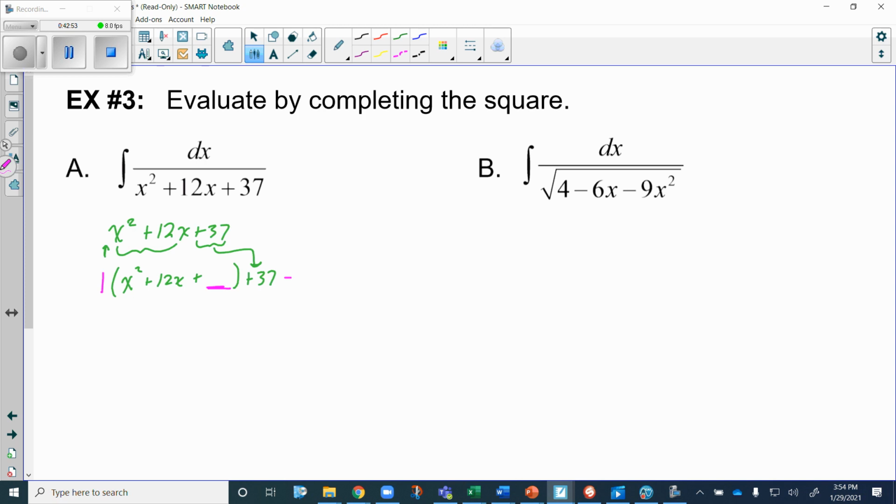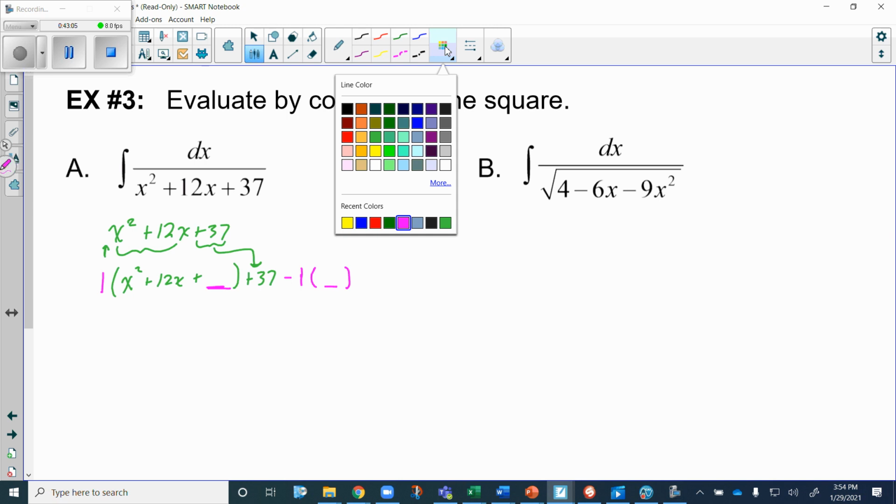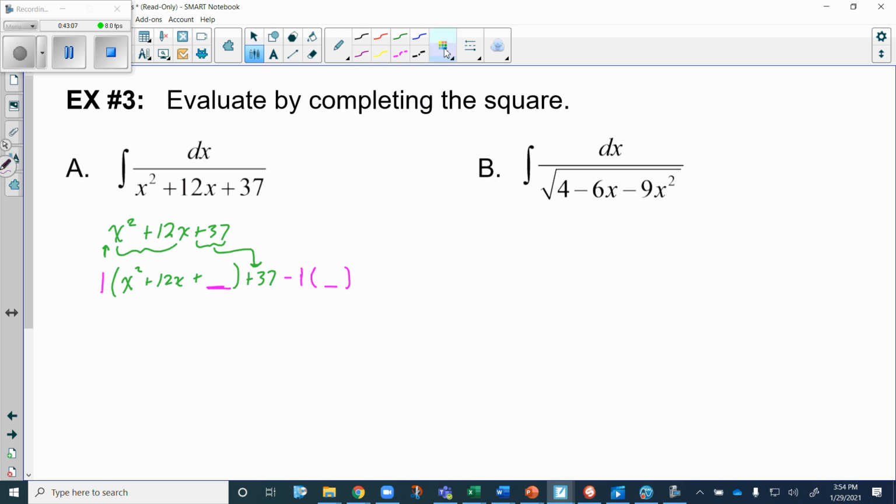I'm going to subtract the product of whatever value I factored out and whatever that new number is that I'm going to put in that blank. Well, what is that number that goes in the blank? In this case, we take the b value, the 12, divide it by 2, and square it, which would be 6 squared, giving me a 36 here and a 36 here.